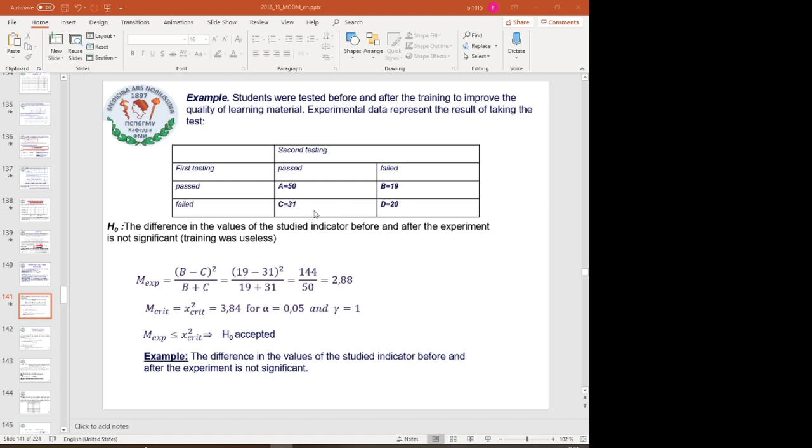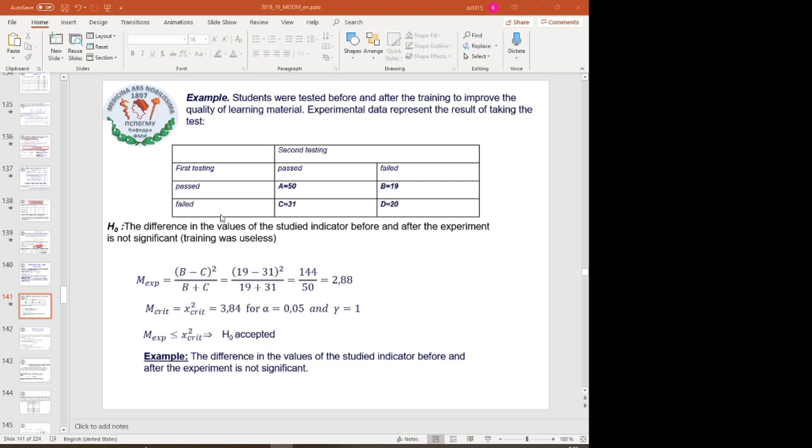So we have almost twice more successful students than unsuccessful, but 31 and 19 are not so big numbers, so we don't know whether this difference of 12 students is significant or not.